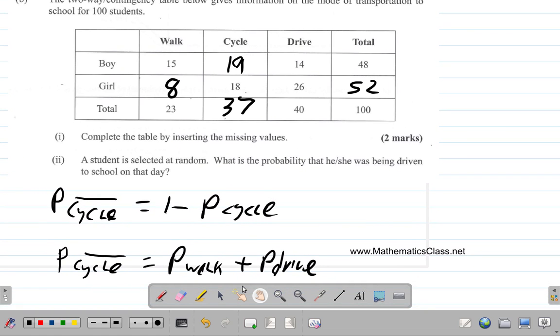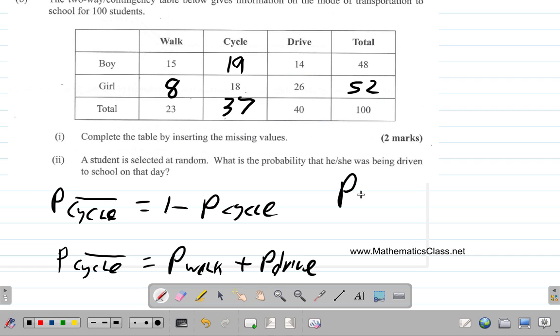Now, here, they didn't say that a student is selected at random. They would have to say what is the probability that the student is a girl and did not cycle. But I know that they say a girl is selected at random. It's already selected. What is the probability that she did not cycle? So the number of girls is 52.